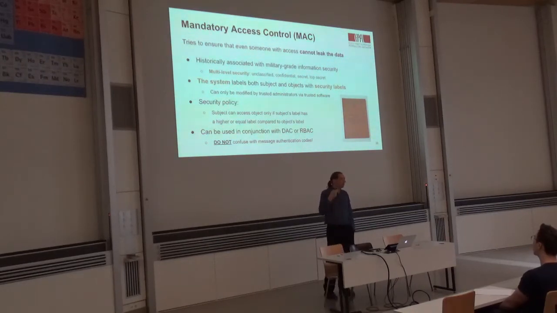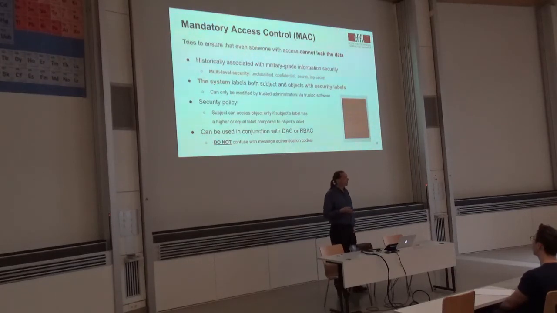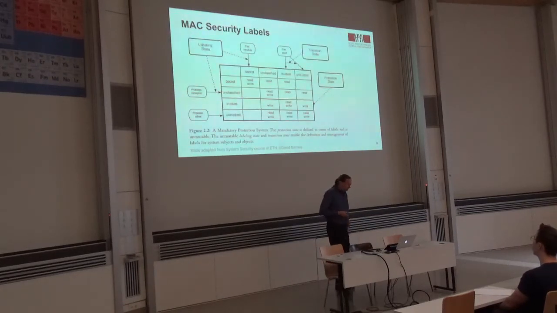Even if the user is compromised or coerced or deliberately misbehaving, users with access to high security information are not permitted to transmit that information to lower classification level users or to move information down the levels. Okay, so that's the basic goal.